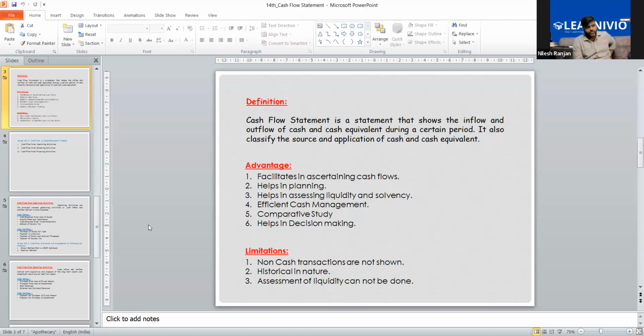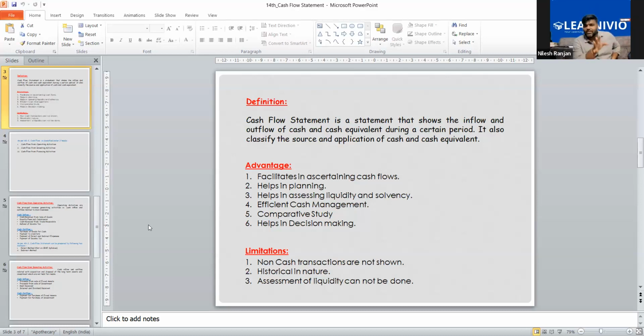So short term loans. Now short term loans we rarely discuss in the cash flow statement. We only talk about shareholders' funds, non-current liabilities, and non-current assets. Current assets and current liabilities are a very limited part of the cash flow statement. That's why it is saying that assessment of liquidity cannot be done on the basis of cash flow.